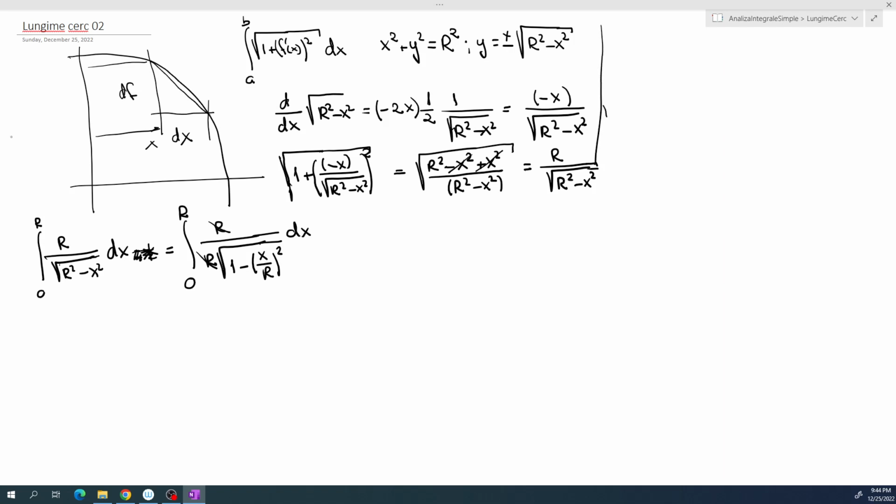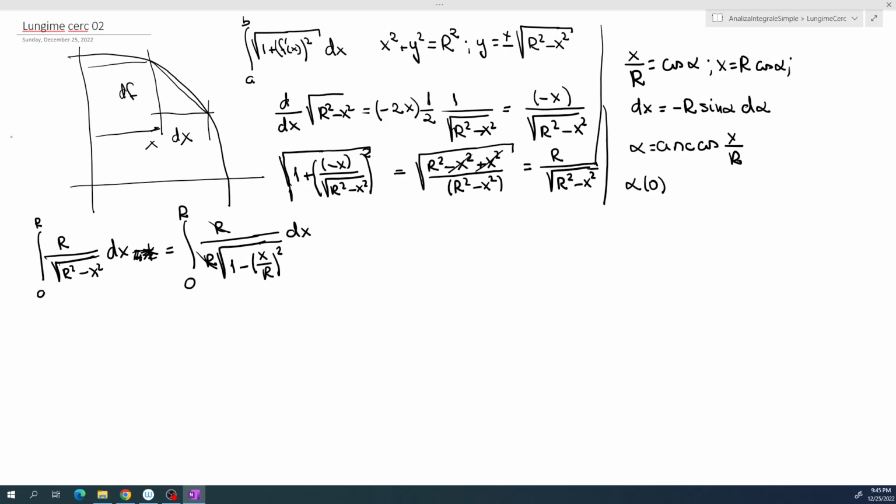We change the variable in order to simplify the calculations. I have x over r equal with cosine of alpha, and x is equal with r cosine of alpha, and dx is equal with minus r sine of alpha d alpha, and alpha is equal with arc cos of x over r.